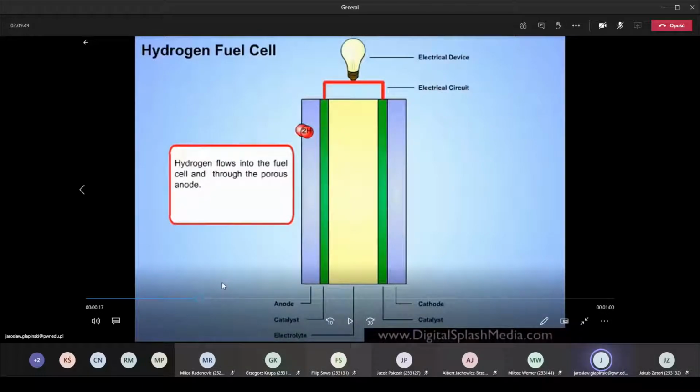If we somehow extract these electrons from the atoms, we'll have these extra electrons for our electricity. So it's not a burning process like with petrol, but a process where we can get the electrons from the hydrogen. Maybe this is the future of our environment.